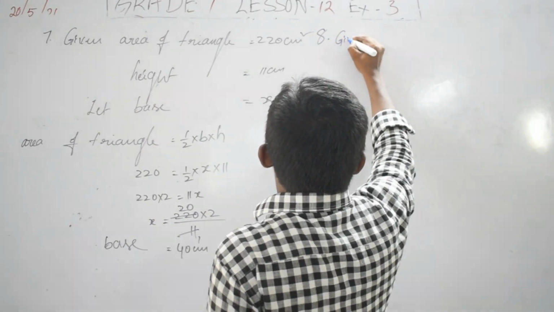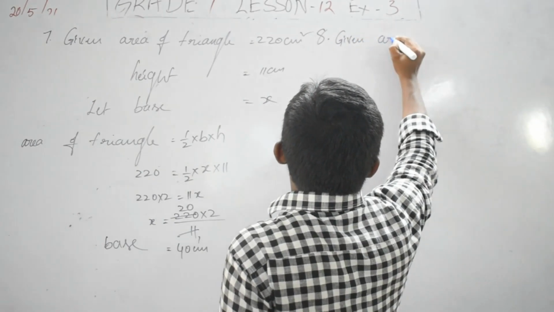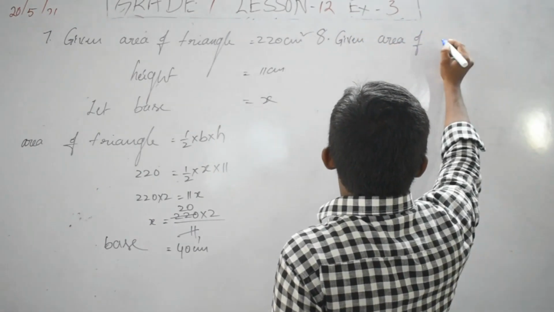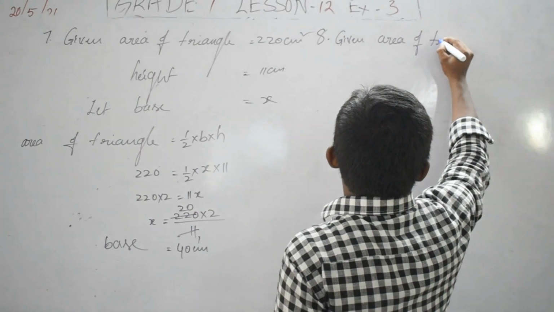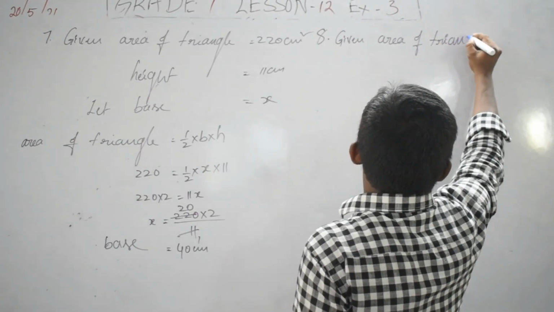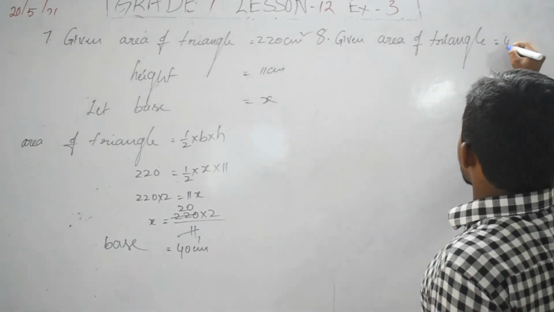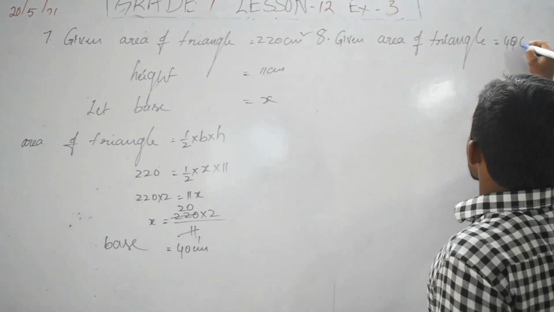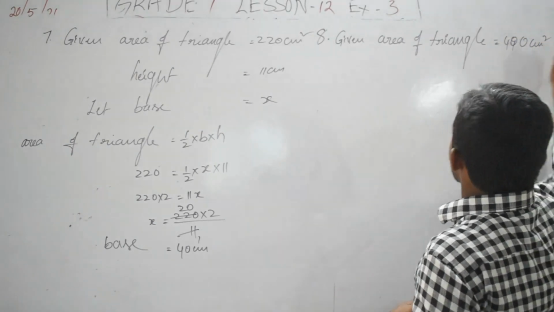Given area of triangle, how much? 400 centimeters square.